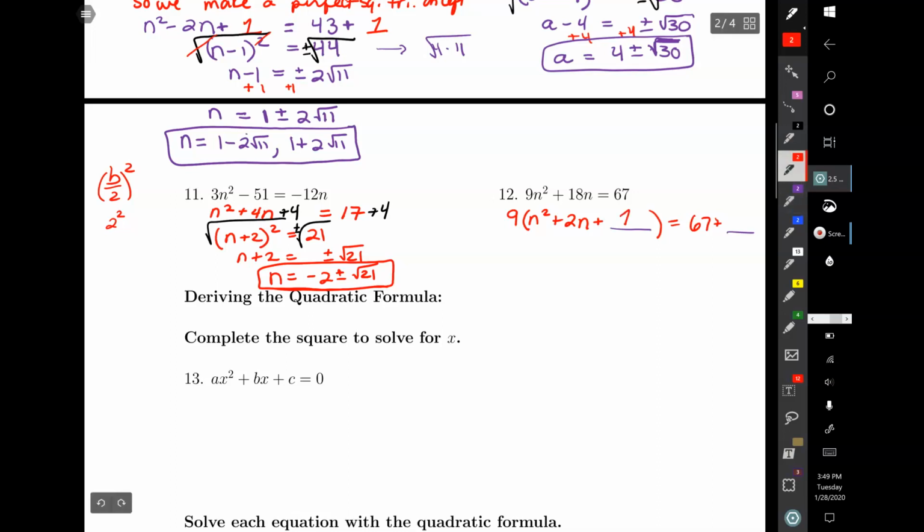But remember, it's not really 1 on the right-hand side. Because when I distribute this, I'm just manipulating numbers, and this is a legal move, but it seems kind of weird. 9 times 1, if I did that, then I'm really adding the 9 on the right-hand side.